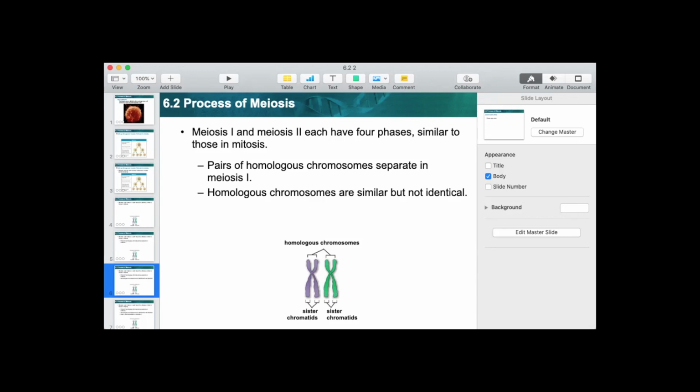We can see that there's prophase I, metaphase I, anaphase I, telophase I. Those are the 4 steps of meiosis I.